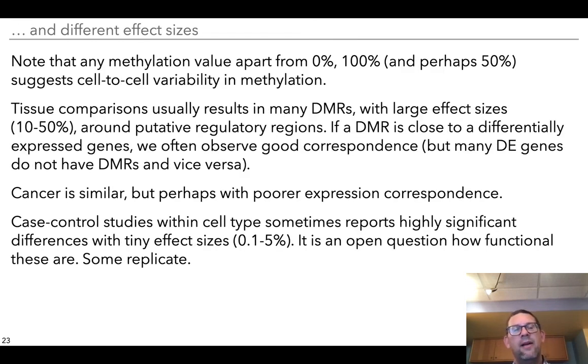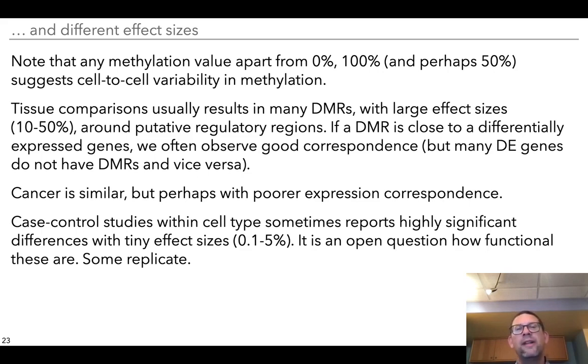First, let me put in an editorial comment: methylation in a single cell is really binary, or really has 3 different values because we have 2 copies of each chromosome, but we are either methylated or unmethylated. So every time we see methylation values that are different from 0 or 100%, we are really looking at cell-to-cell variability in methylation.